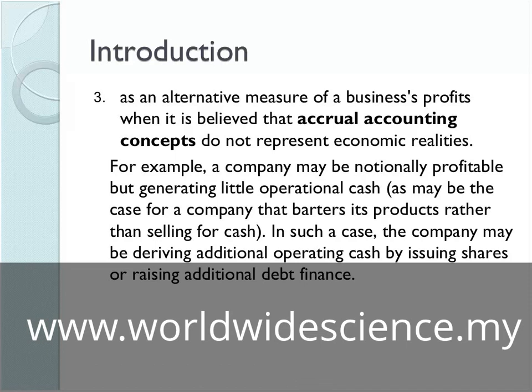It means the same. Company is profitable, but has not enough cash in the accounts. So in this case, to operate in the future, maybe the company needs to issue additional shares to get the cash in the accounts. Okay?